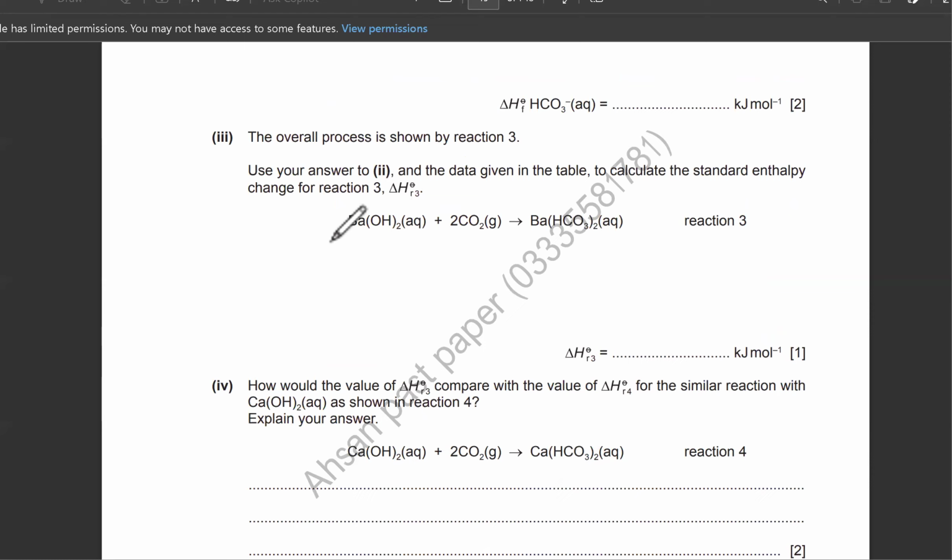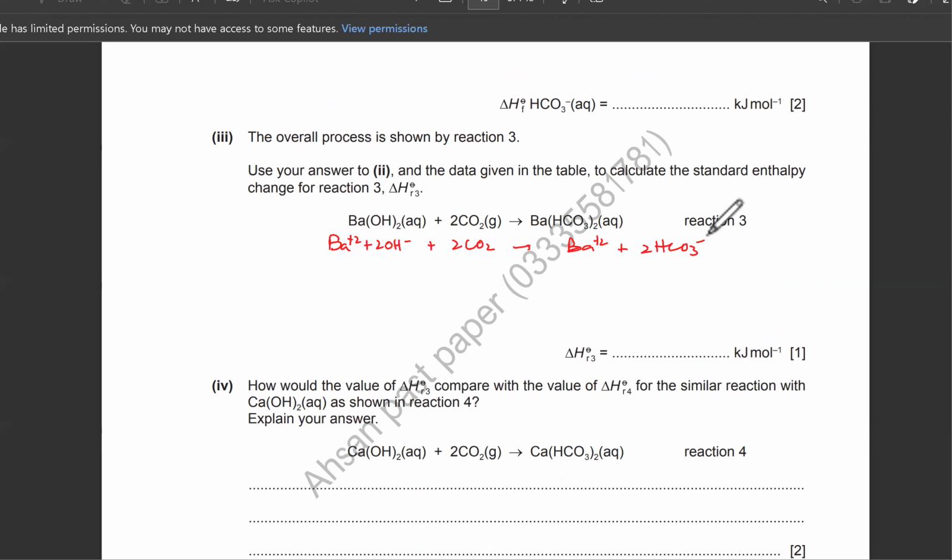Now again, barium hydroxide is going to be dissociated, right? So it's actually 2 OH ions, and you've got 2 CO2s, and the product is what? This is going to be dissociated as well. So it's going to be barium plus 2 HCO3 minus.